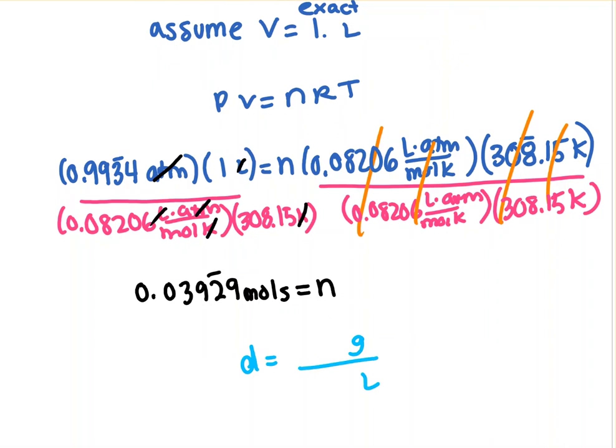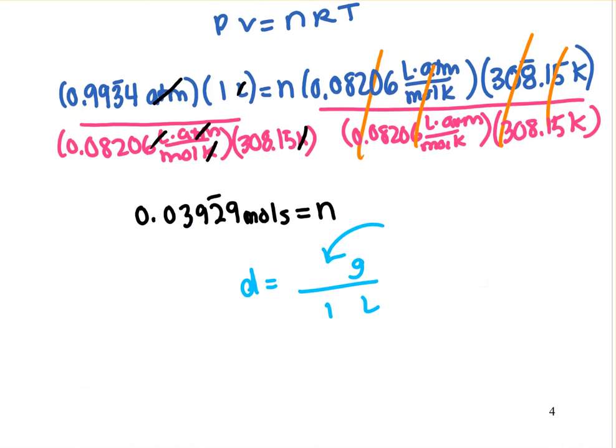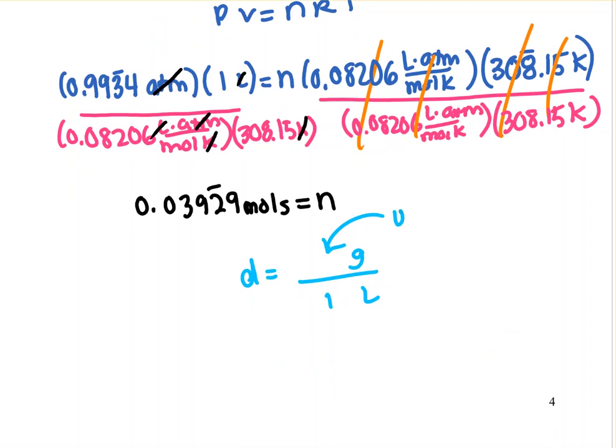And density is mass over liters, but we assumed 1 liter. So now I still need to get grams, but I have moles. And so I can use the molar mass. n, remember, is moles.